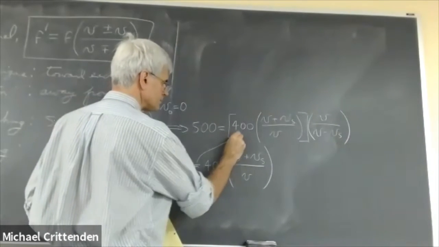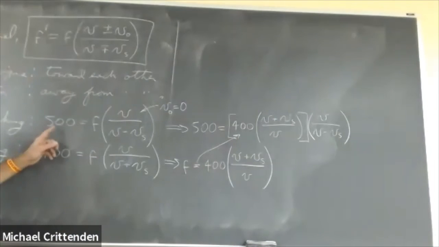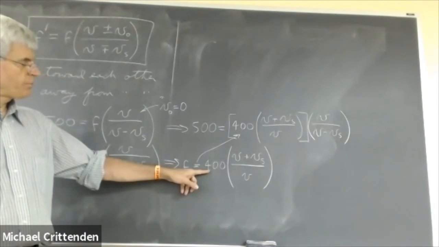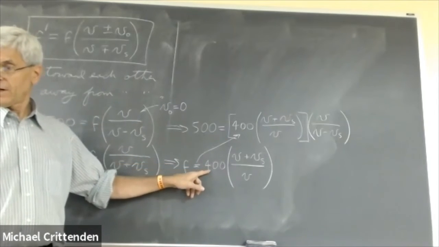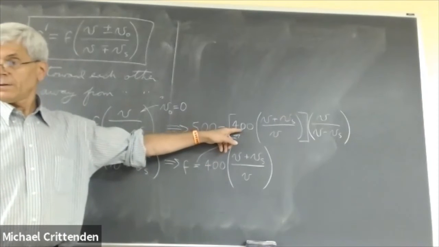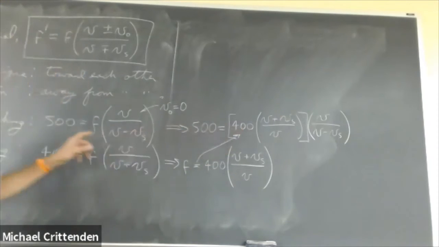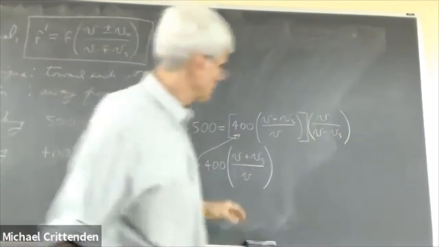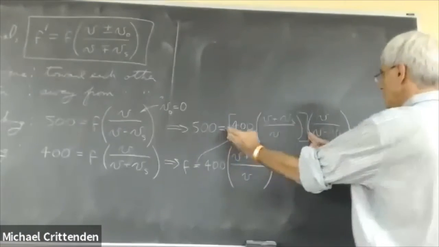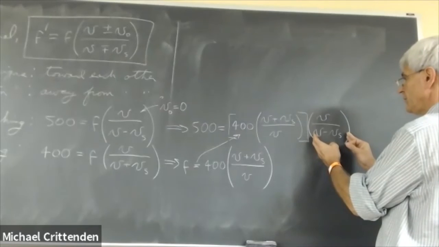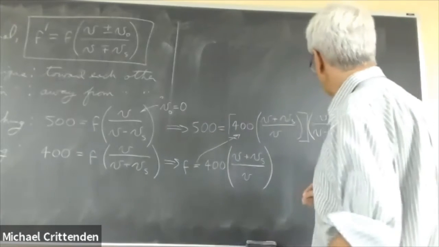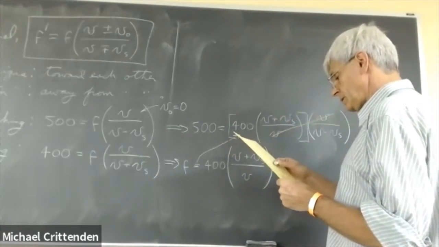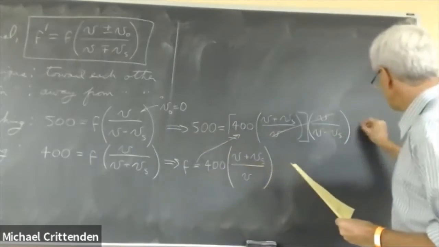So 500 equals F. Well, F is equal to this expression here. So I put that expression where the F used to be: F times V over V minus Vs. And when I do that, V over V cancels out, which helps things a little bit.